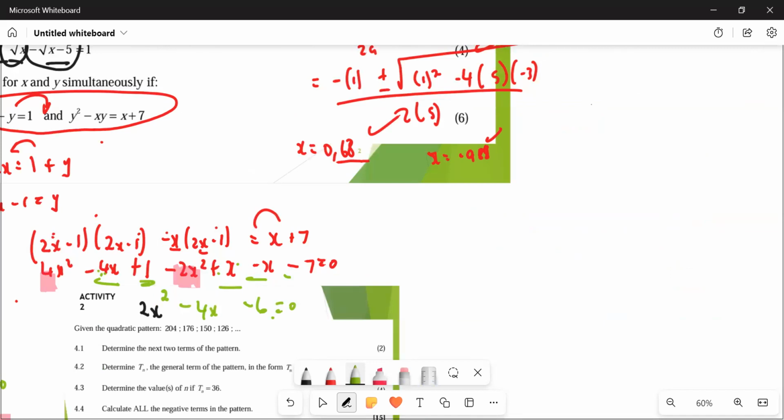Yeah, it's fine. You can do it as if you factorized.